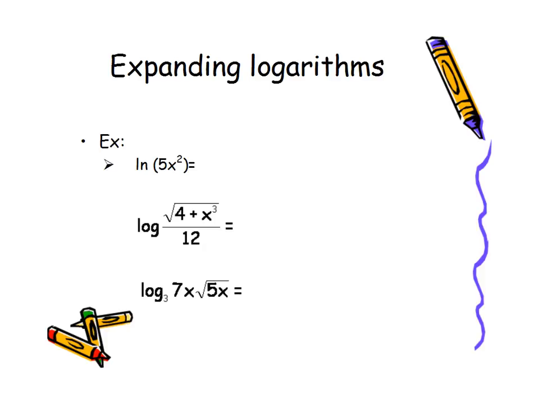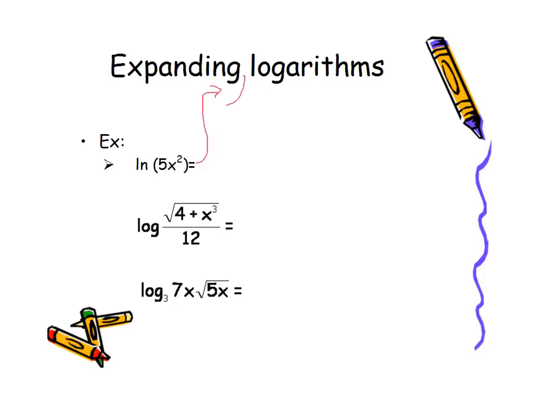The first part, I am going to practice those properties a little bit at the beginning so that we know how to do that. So this first one is the natural log of 5x squared. Well, we're multiplying two things in here, plus we have this power. To do this, I'm going to separate this. This is called expanding. I'm going to come way up here because I'm afraid I'm going to run out of room.